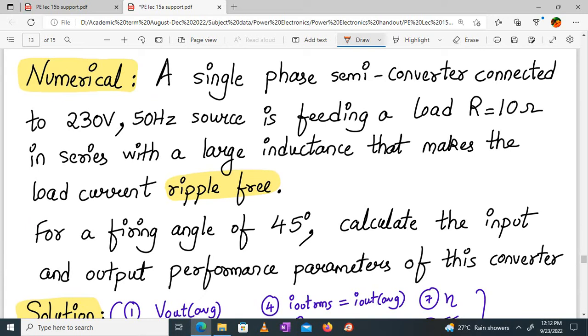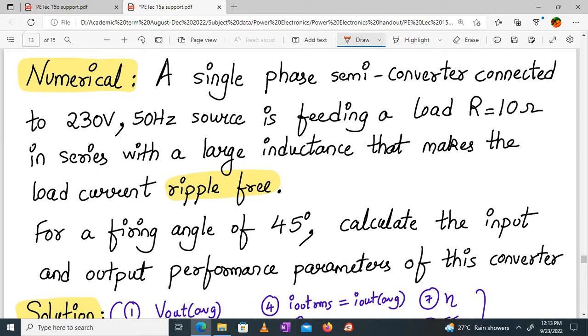A single phase semi-converter connected to a 230 volt 50 hertz source is feeding a load R equal to 10 ohms in series with a large inductance that makes the load current ripple free.